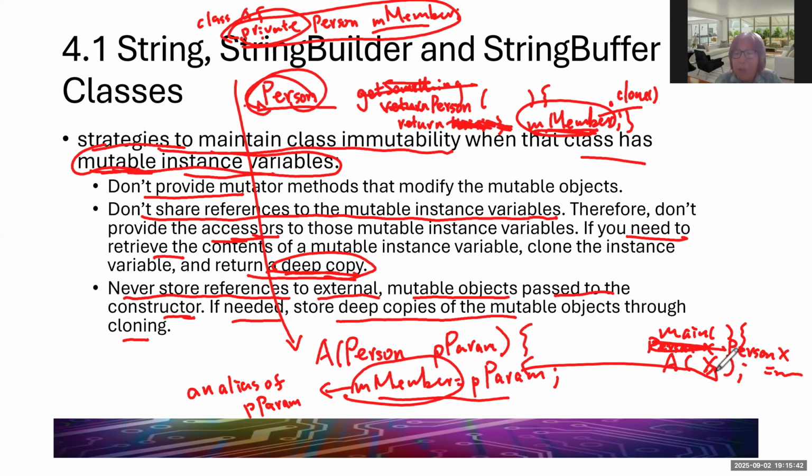P parameter and X point to the same heap memory location. So it's still modifiable. That's not good.